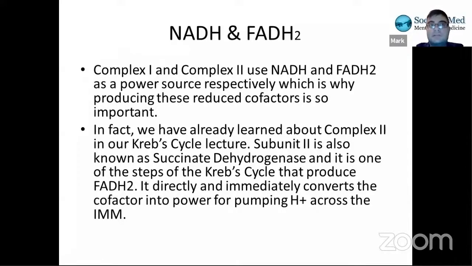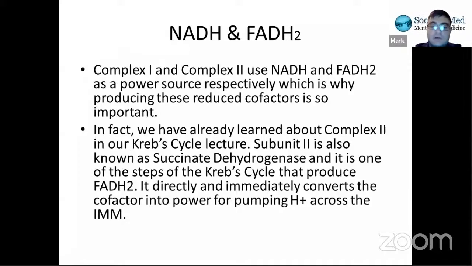It's part of the Krebs cycle, so it has its role there to convert the succinate, but it also has its role in the electron transport chain because it reduces FAD into FADH, which is then directly used in the electron transport chain, right? NADH can come from many different sources, but for this specific subunit, succinate dehydrogenase, the FADH comes directly from that.